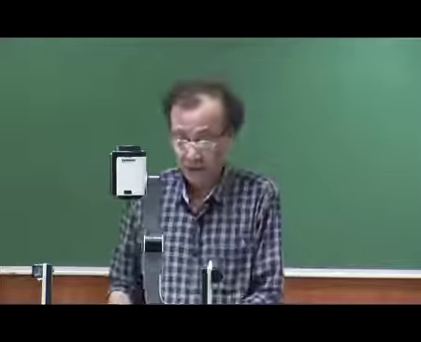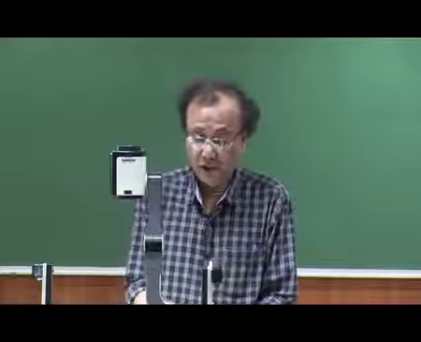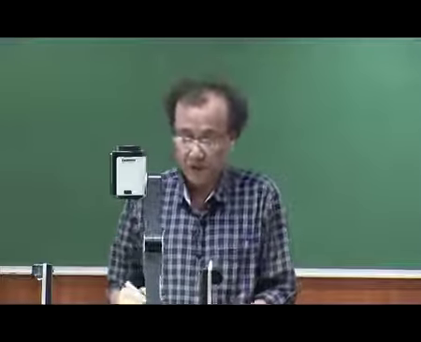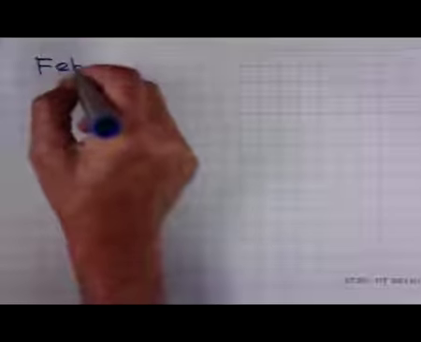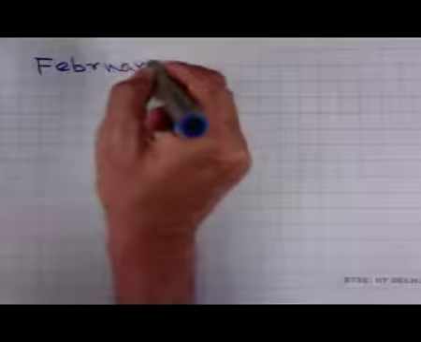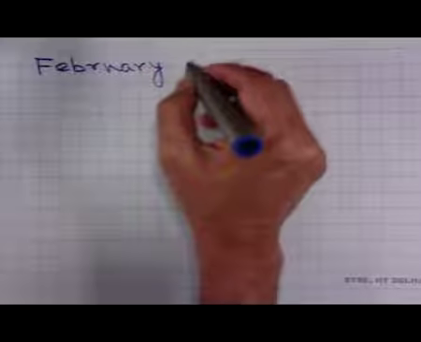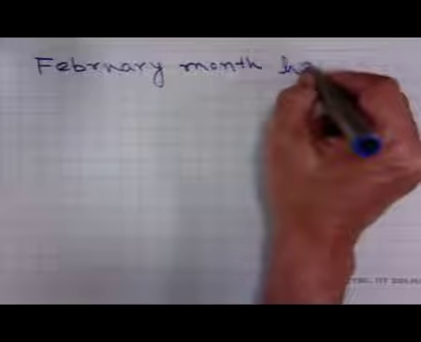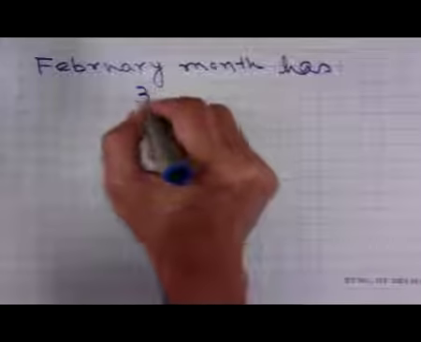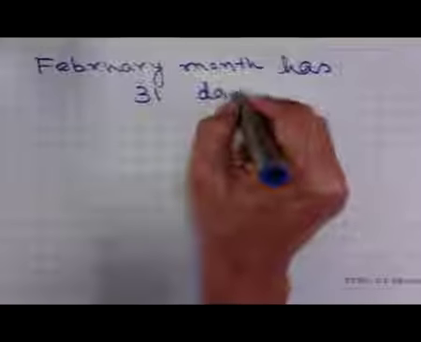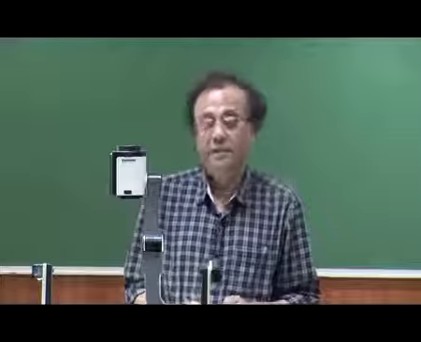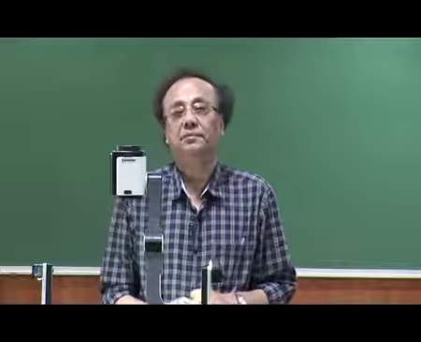All right. So, let me give you some examples. Example sentences when truth value is false. Suppose there is a sentence, the February month has 31 days.